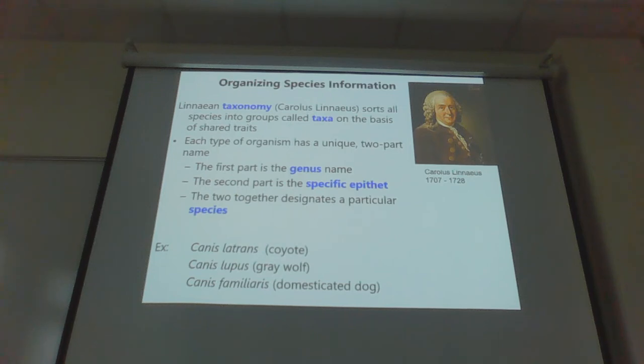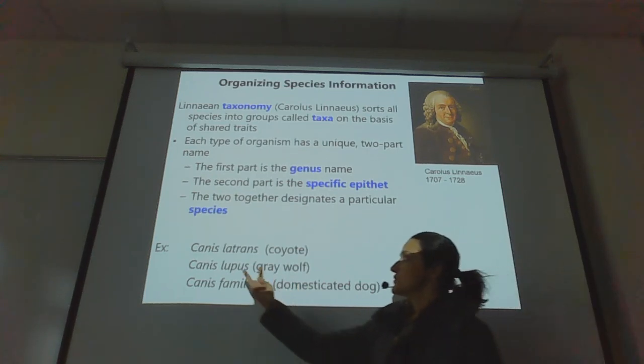So imagine scientists that had to deal with all these, and they were sick of it, like it's too complicated. So Carolus Linnaeus came up with a binomial nomenclature system, and after that we have adopted it. So binomial, two name nomenclature. So a species is named with 2 words, basically.